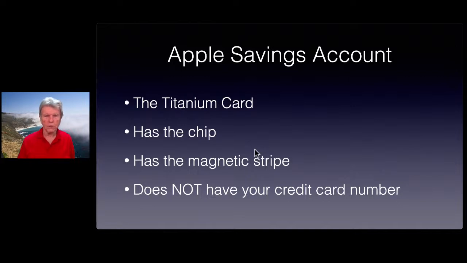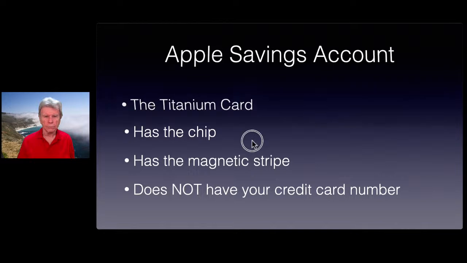So it makes it a very secure credit card, because when you give your credit card up to pay a bill somewhere, nobody can write down your credit card number in the back room and your security code because they're not there. So that's the card I use when I go to a restaurant and they take the card away to pay the bill, and I don't have to worry about my card being compromised.